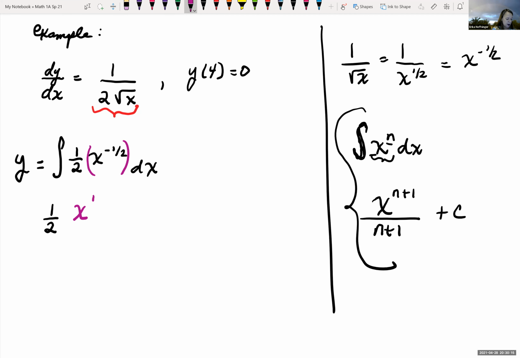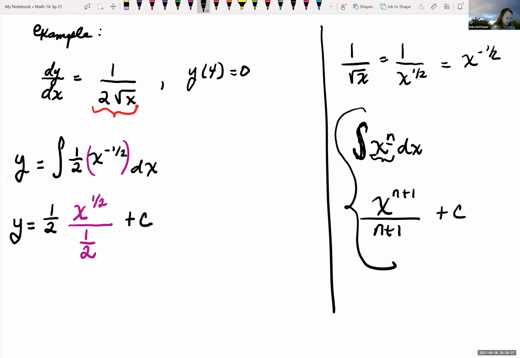That gives me back a positive 1/2. Then I divide by my new exponent, which is 1/2, and then we need to add our c. And this is what our original function of y is equal to. Almost. We need to know what that c is.